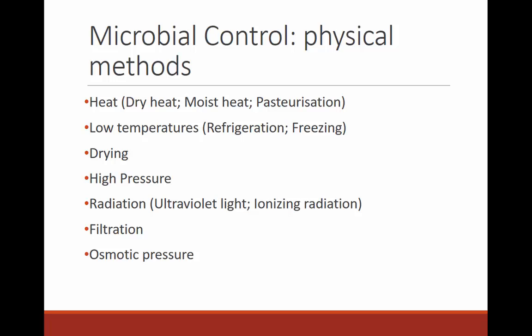Might be drying. Have you seen very much microbial growth on jerky? Because it's had most of the moisture taken out. So for microorganisms to grow, they need available water. Okay? High pressure is one way. High pressure is sometimes combined with heat in an autoclave to decrease or to sterilize substances.